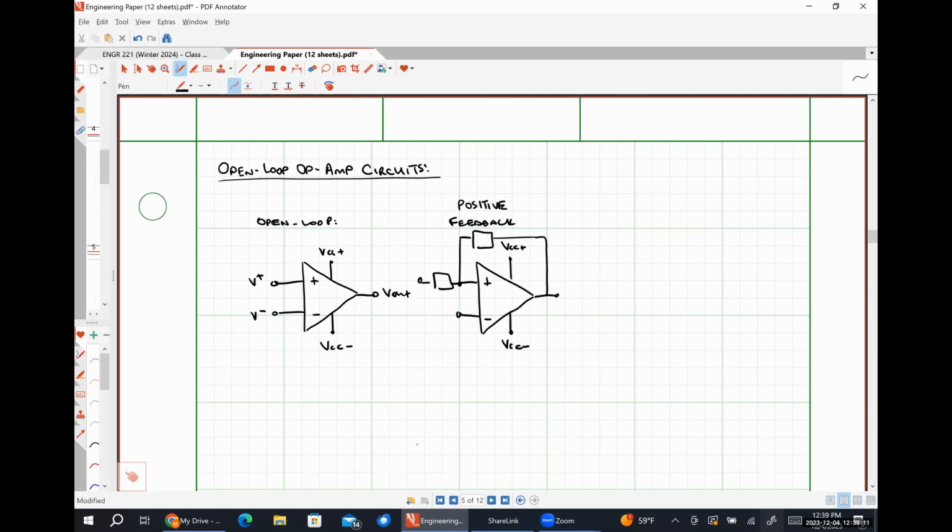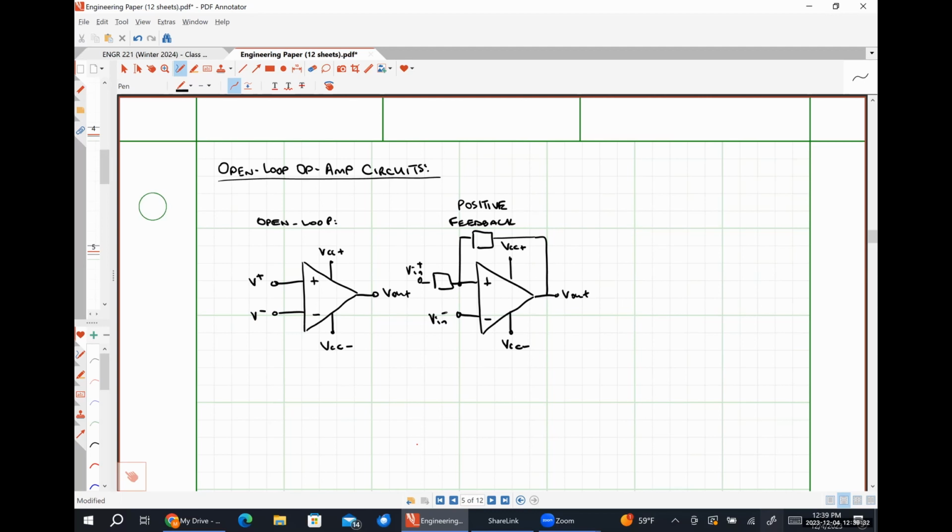Something like this. Where we're going to apply an input voltage. It technically could be, let me just put Vn plus here and Vn minus here.